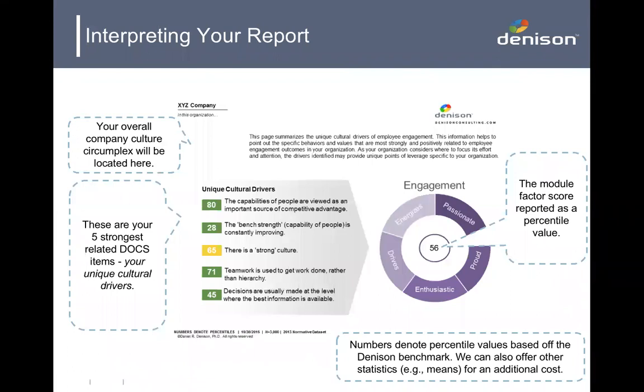These are the strongest predictors of the engagement score. And so we track individual employee engagement, but we also link that to characteristics of the work environment that we call culture, because those are most often the strongest predictors of engagement and the strongest predictors of the different things that we are measuring in our modules.